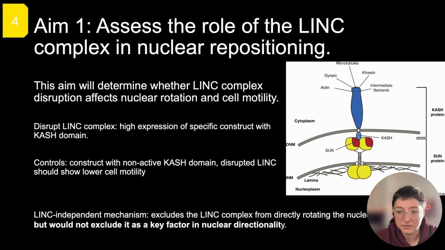So if nuclear rotation is LINC independent, LINC could still influence cell motility in other ways. In this image, the lamina is the network made out of lamin A and B. SUN proteins bind to that, and then they bind to other proteins on the outside of the nuclear envelope.